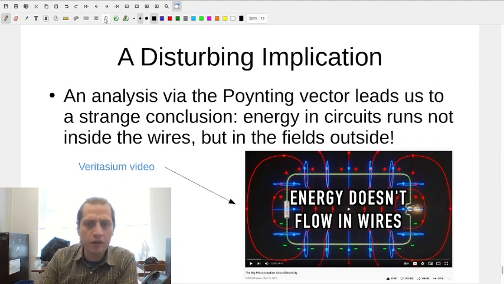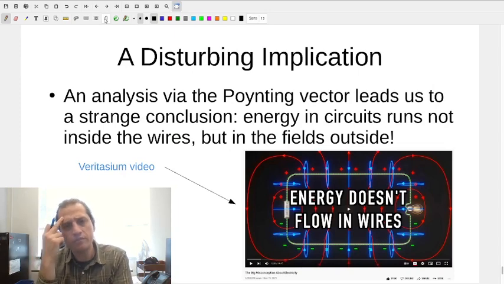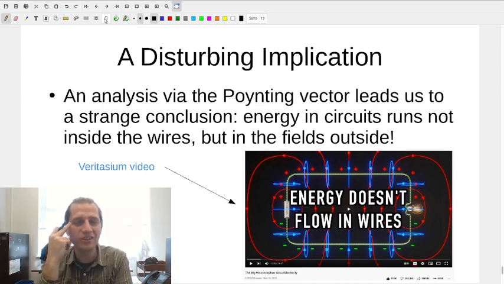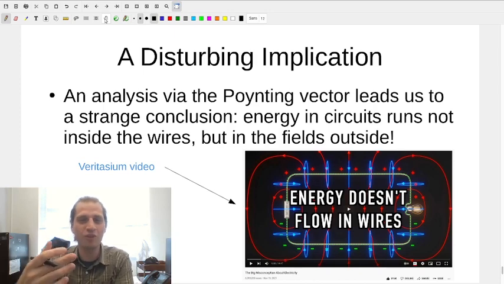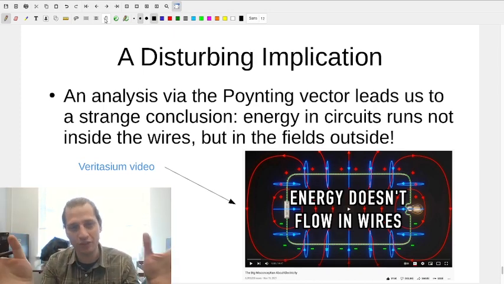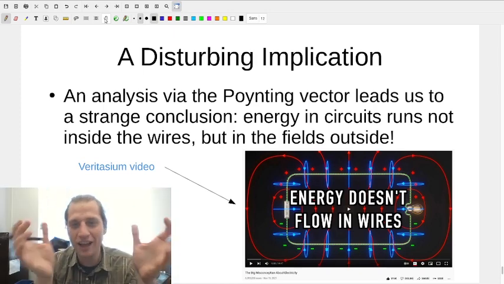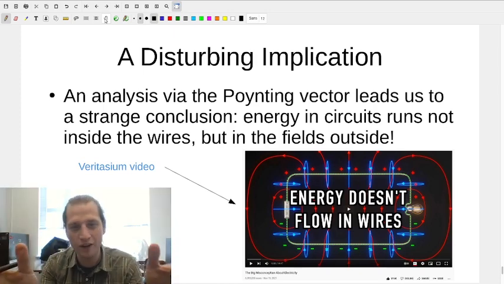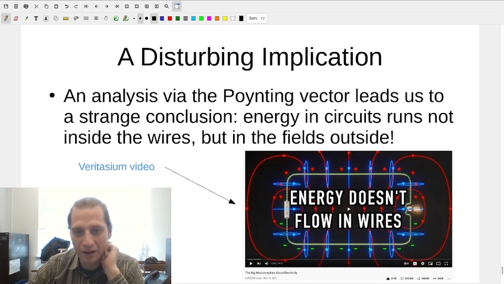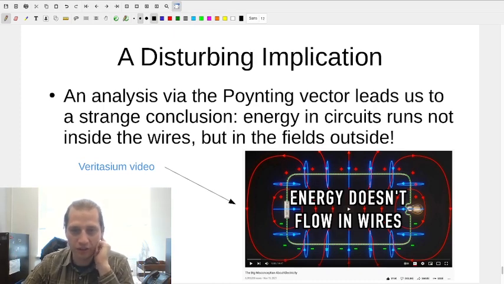Now there's a very strange and sort of profound thing that comes out of this. If you go back and look at all of what we've done so far in terms of this Poynting vector, it shows us that the energy in our circuits is not actually sitting inside the wires. The battery creates an electric field that's pointing from the positive end to the minus end.